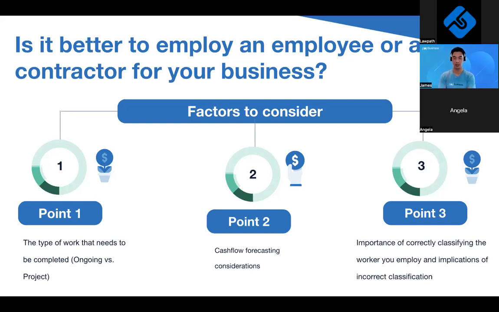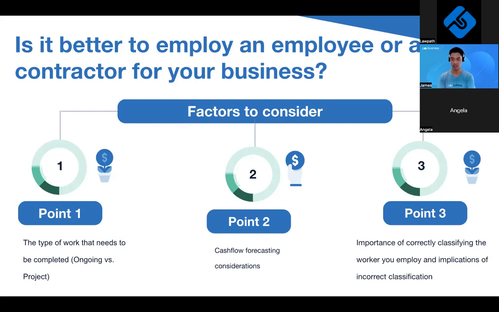If you incorrectly classify an employee as a contractor, and the ATO audits, then you could be in for a bit of trouble on missed PAYG and missed super. The ATO is quite heavy on this, so you want to make sure that for the type of work you have, you employ the right person. Definitely, if it's ongoing, you have to bring on an employee. But if it's project based, then you have the option to get a contractor.